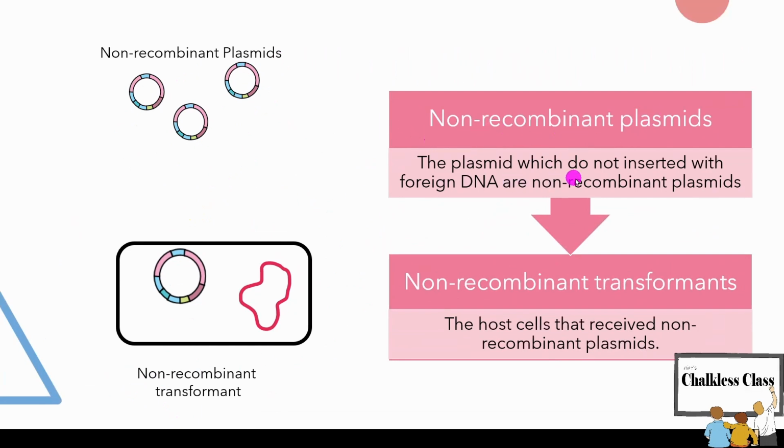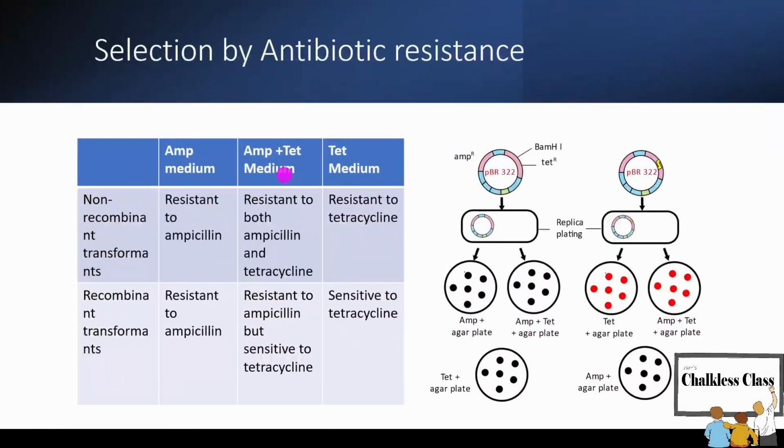The plasmids which do not have the insert of foreign DNA are called non-recombinant plasmids. When the host cell receives the non-recombinant plasmid, then it is called a non-recombinant transformant. So that is about the transformation of chimeric DNA or rDNA into the host cell.